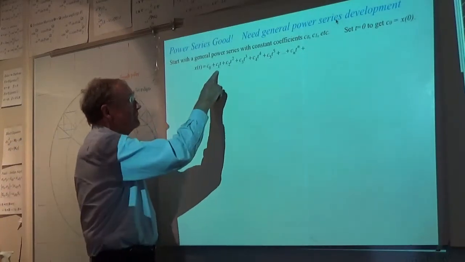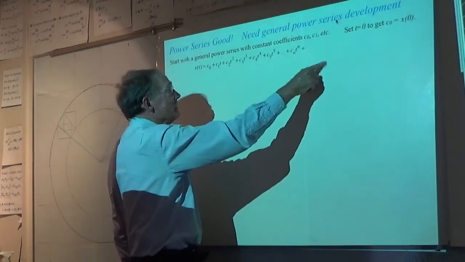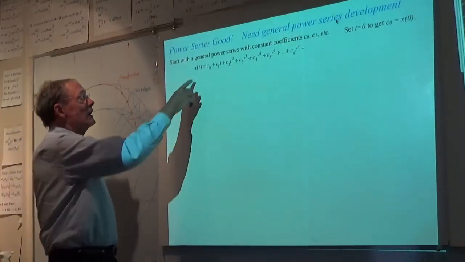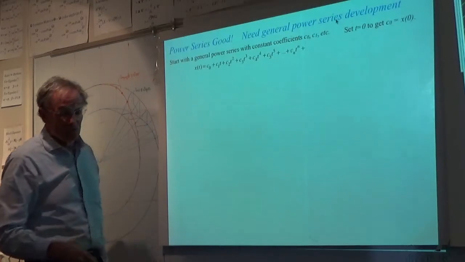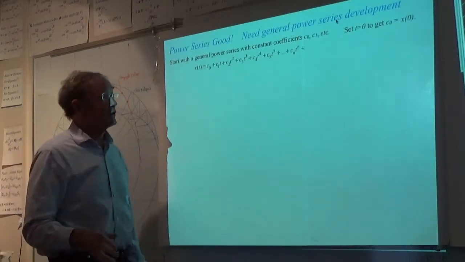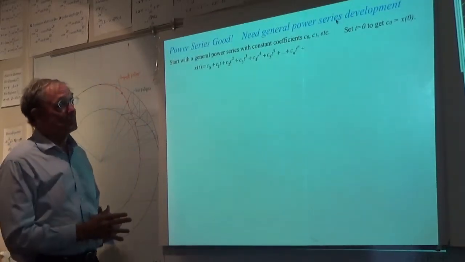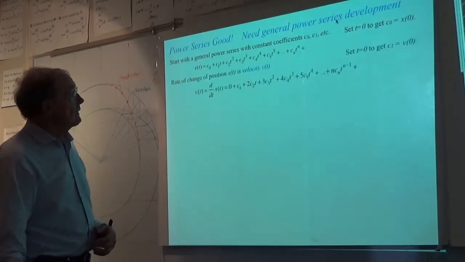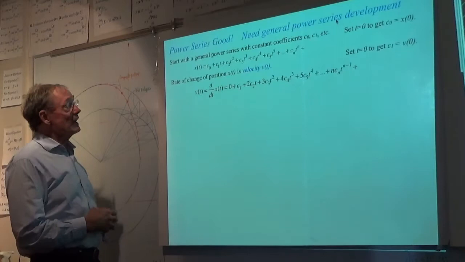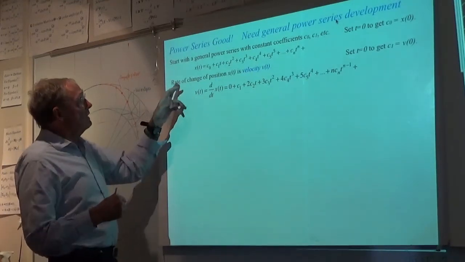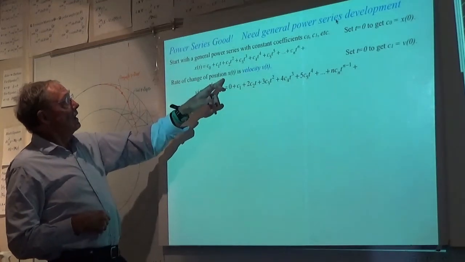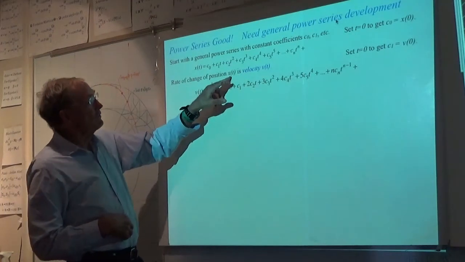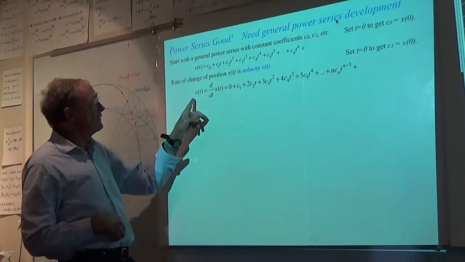Imagine that I do have a power series with these coefficients, and that I'm approximating some function that I know from some other means, such as a solution to a differential equation of motion. And go ahead and say, well, if I have that, I certainly should be in line to calculate the change of the position with respect to time. That is what we call the velocity.